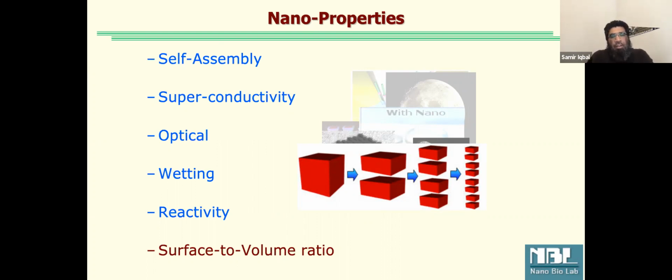When you chop down bigger things into smaller pieces, overall surface area becomes larger and larger. You may have the same volume when you put them all together, but more surfaces become exposed to the outside.